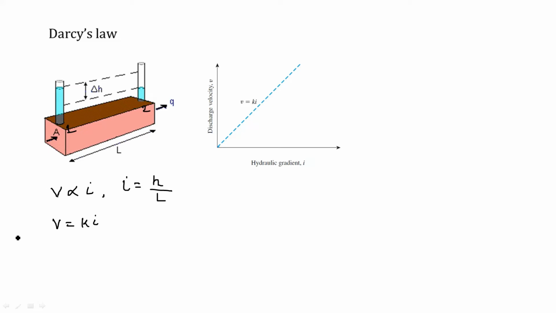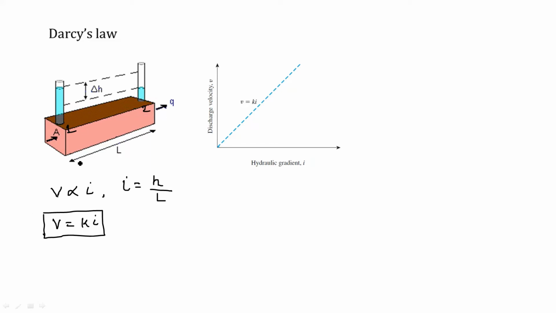For different types of soil, the K value changes. Always remember this equation, V is equal to K i, as Darcy's law, and this V is the discharge velocity. Whatever the amount of discharge you are getting through the cross sectional area A, that is given by this V.